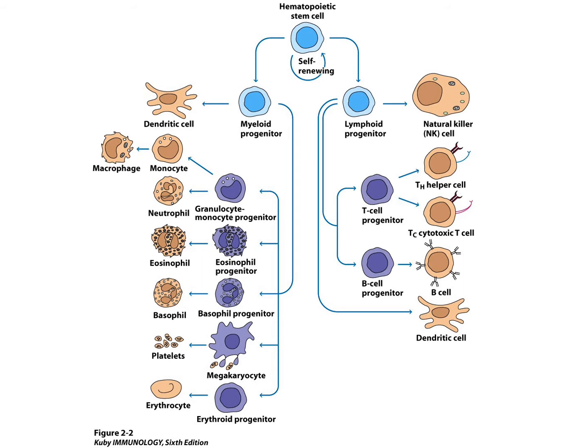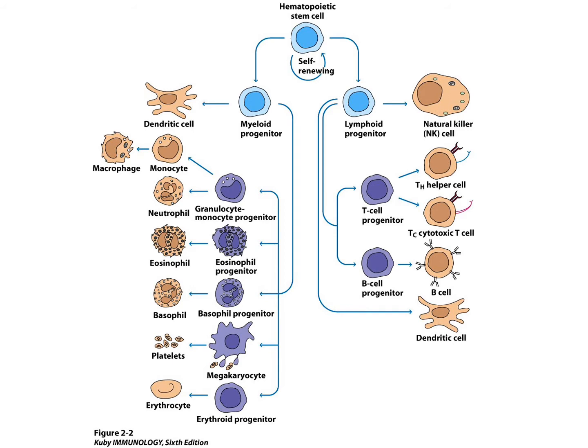I also want to introduce the concept of what's known as a progenitor cell. A progenitor cell has lost its capacity for self-renewal and is typically committed to a particular lineage. So again, at the top of the slide, you see a hematopoietic stem cell, which still has the ability to become any type of blood cell. At some point, there is a differentiation step that occurs where you produce either a myeloid progenitor or a lymphoid progenitor.